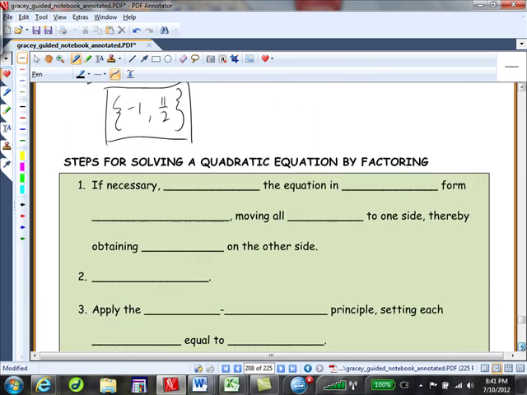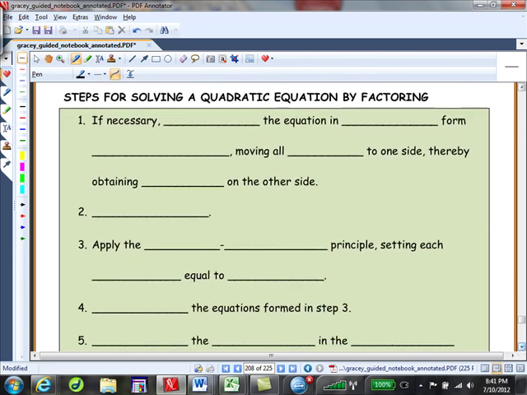All right, here we go. All fun aside. Here are some steps for solving a quadratic equation by factoring. If necessary, rewrite the equation in standard form. And this is important. A lot of times people get so excited they decide to make up their own 2 property or -8 property.